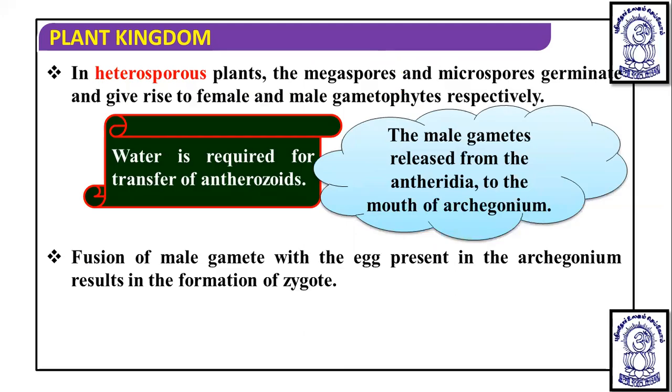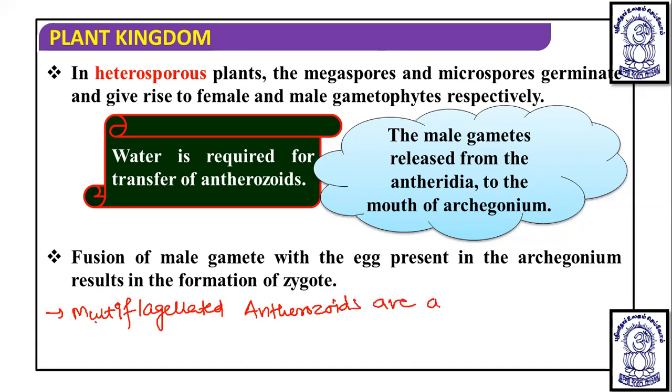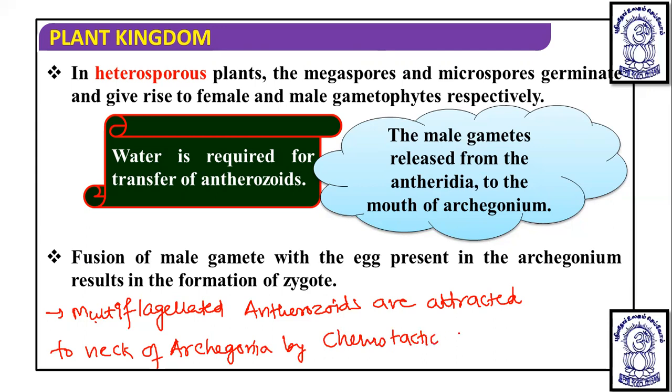Now see, one more important point that you need to note down here: the male gametes, or multiflagellated antherozoids, are attracted to the neck of the archegonia by the chemotactic method.